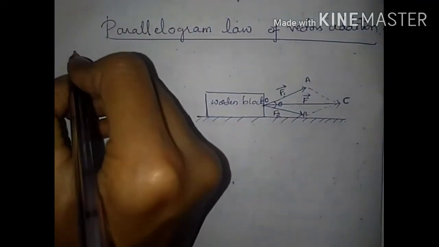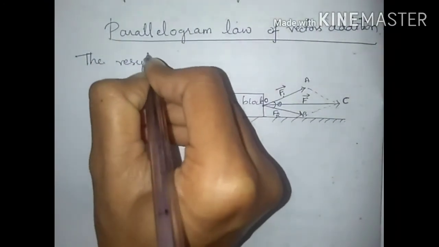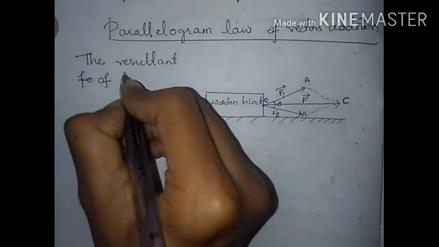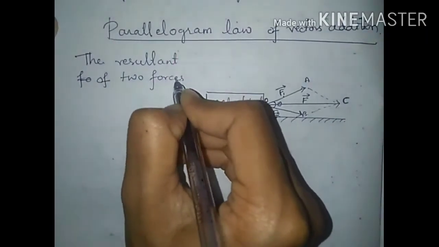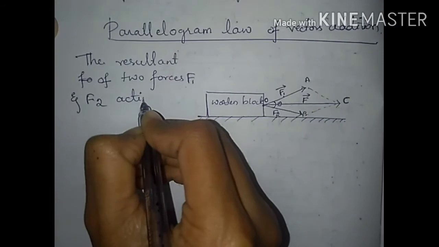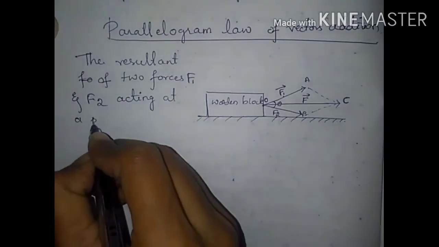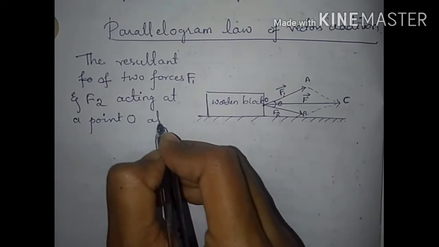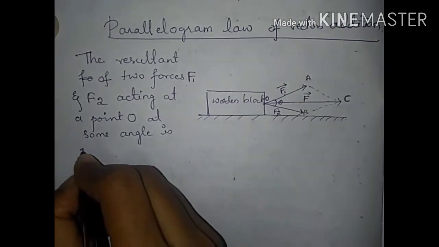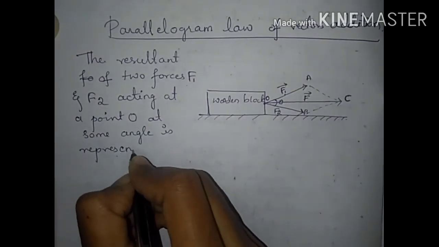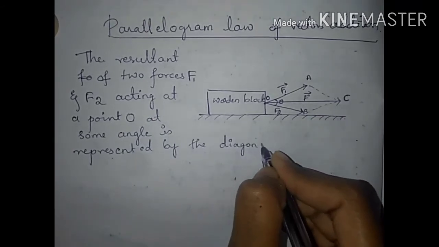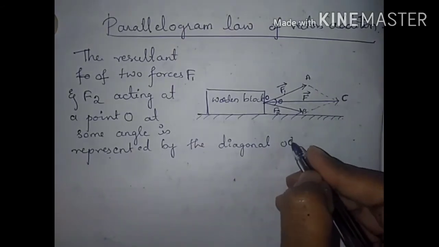So this can also be said as: the resultant of two forces F1 and F2 acting at a point O at some angle is represented by the diagonal OC.